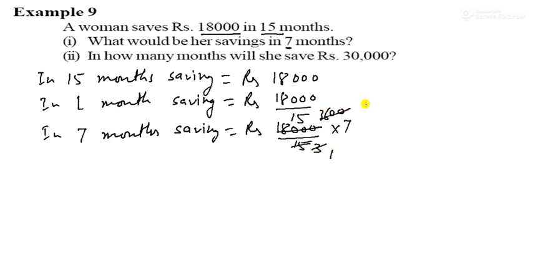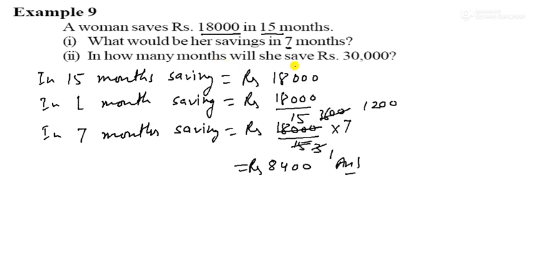Now 3 ones are 3, 3 twos are 6 and double 0. Now multiply by 7. Double 0, it is 8,400 rupees. So that is your first answer.